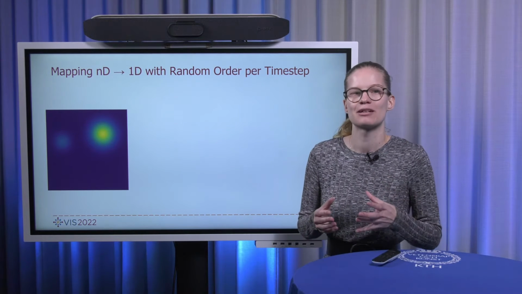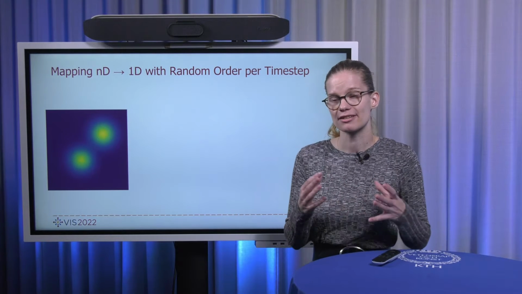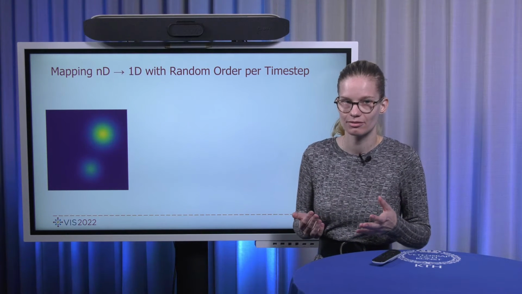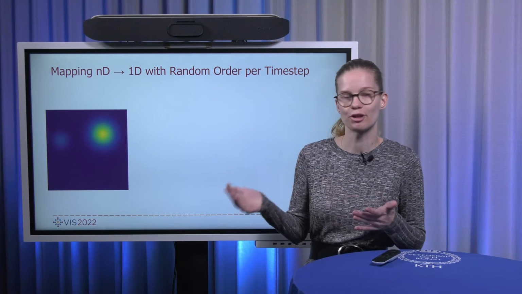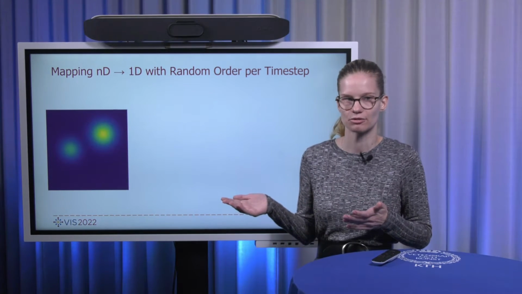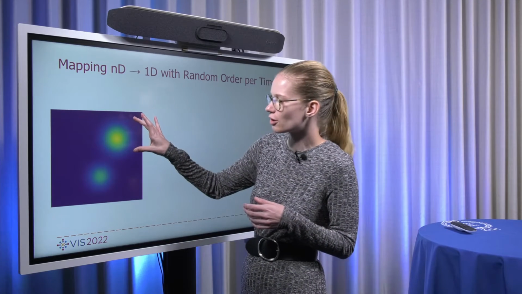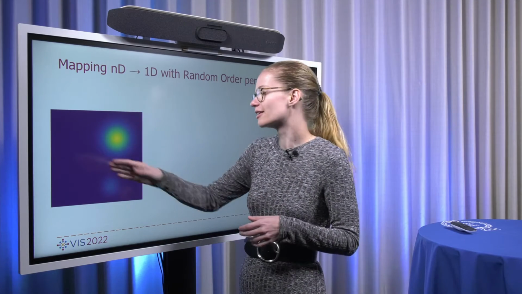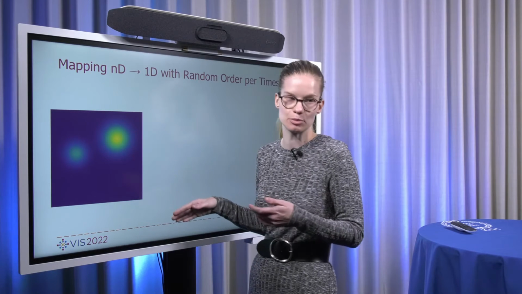Now, let's look at an example of a scalar field over time and just create our visualization, sorting each tree per time step randomly, not taking temporal coherence into account at all. This data set is just a simple one where we have one Gaussian blob that remains static and another one that appears, grows stronger, and then disappears again.